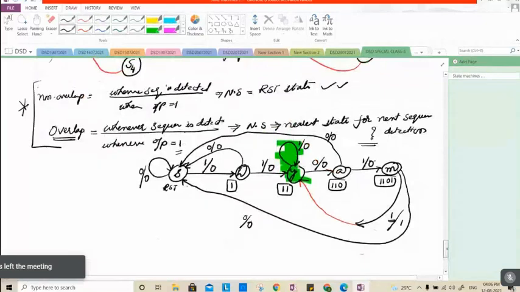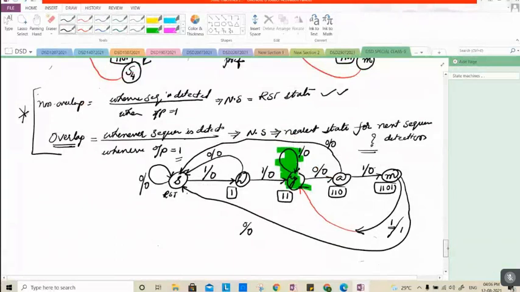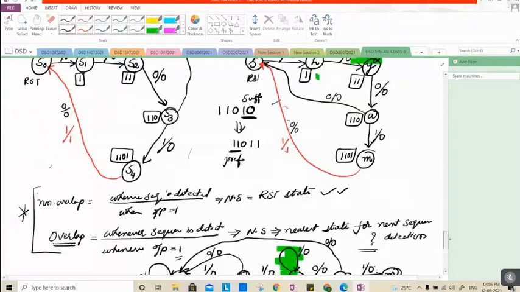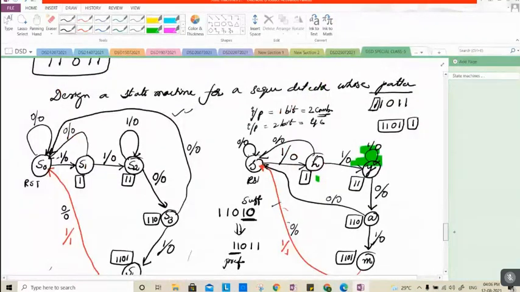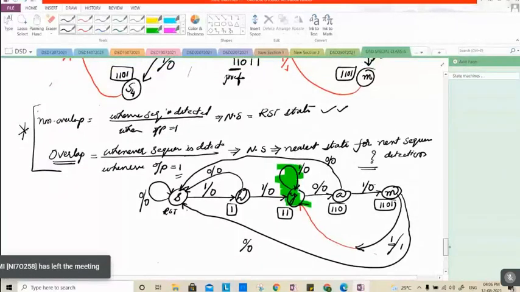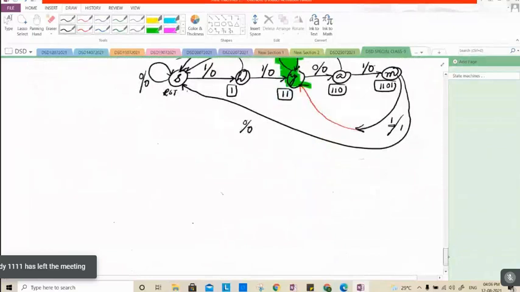That instance is whenever the output is equal to 1, whenever the sequence is detected. If it is a non-overlap condition, the next state must be the reset state. When should it go to reset? Whenever the output is equal to 1. Only when the output is 1 do we reset. We are not saying to reset after 5 inputs, 6 inputs or 7 inputs. Whenever the output is equal to 1, go to the reset state for the non-overlap condition. If it is the overlap condition, then it goes to the nearest state. Only this.